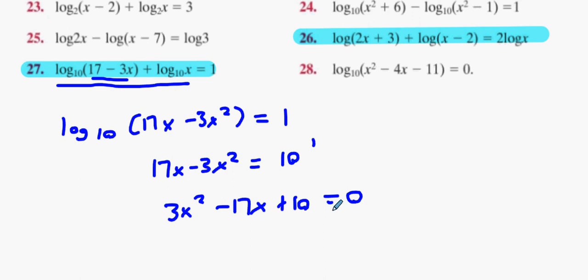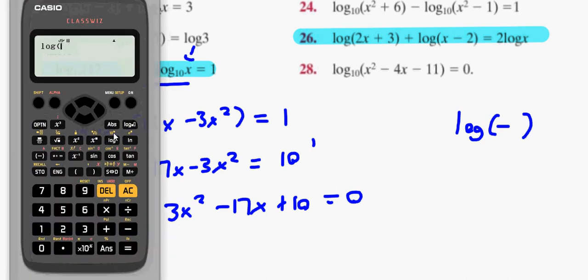You're not allowed to have a negative log, so what does that mean? Any negative x values will be disqualified. Enter in log of any minus number into your calculator and you'll get undefined. Log minus anything. Not errors. Okay?